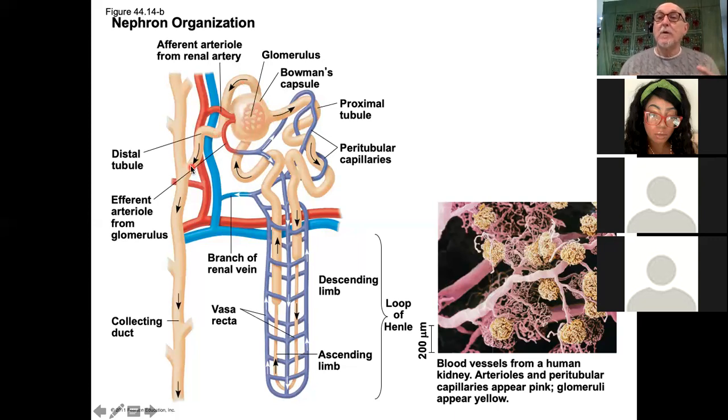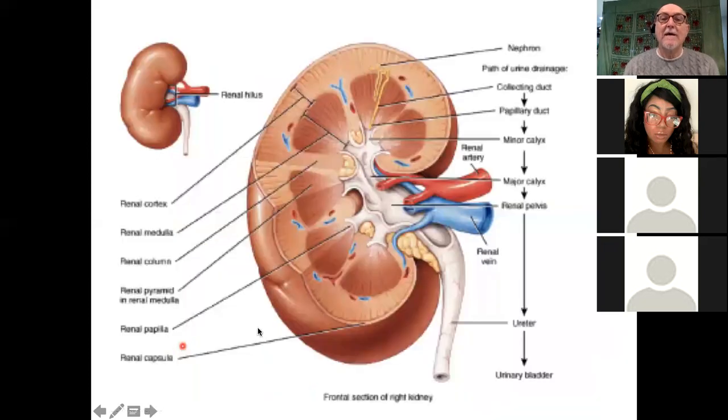The distal tubule then feeds into this here, which is called the collecting duct. And the collecting ducts all join together, getting bigger and bigger until they feed into the renal pelvis and then off to the ureter.